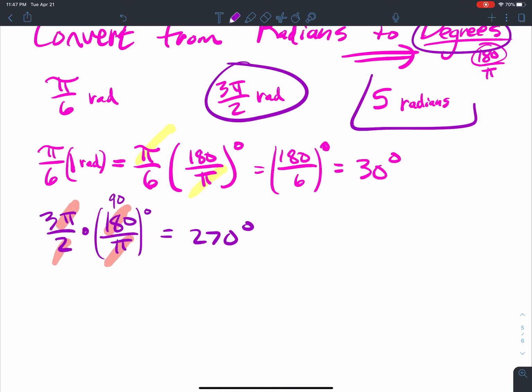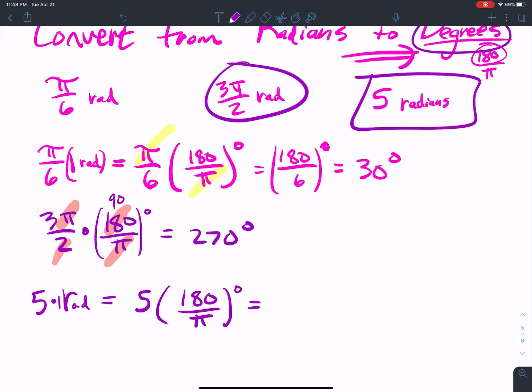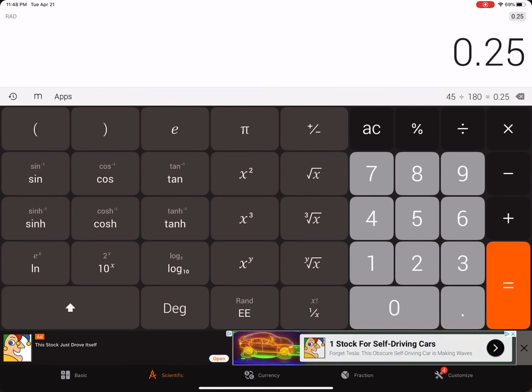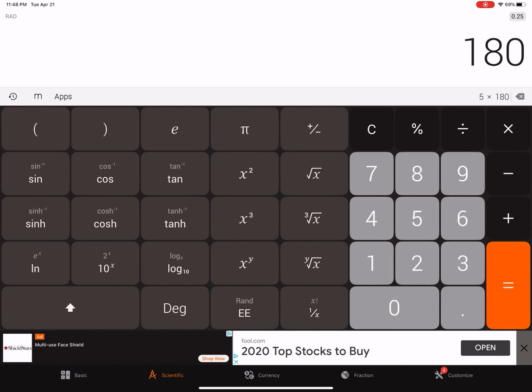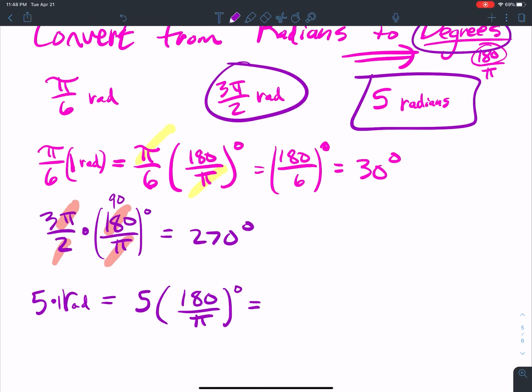The last one is 5 radians. So 5 radians is equal to 5, and then I'm going to convert to degrees, so that's multiply by 180 over pi. I get 5 times 180, that's 900, over pi degrees.